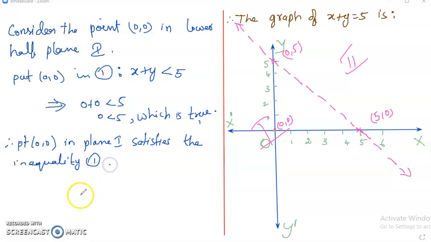So we can say that lower half plane 1 is the solution region. Therefore, shade plane 1. You have to shade it and then say the shaded lower half plane 1 is the solution region, which is shown as the shaded region.